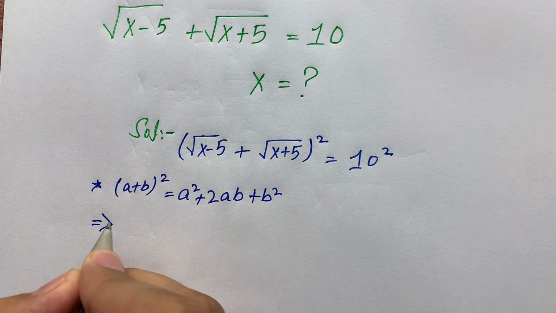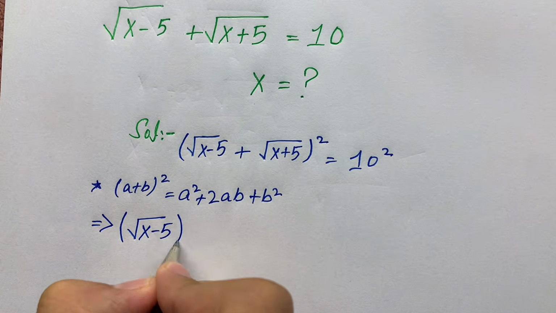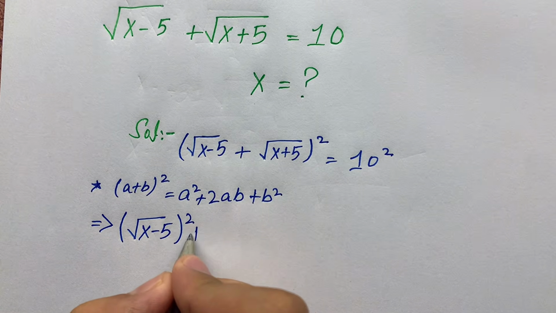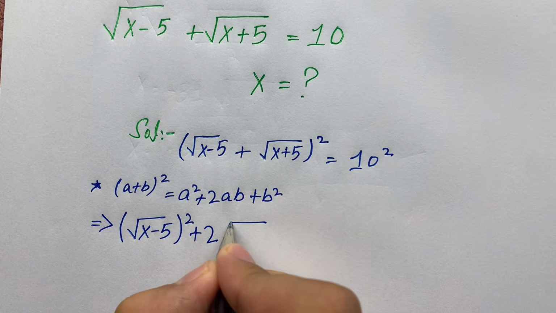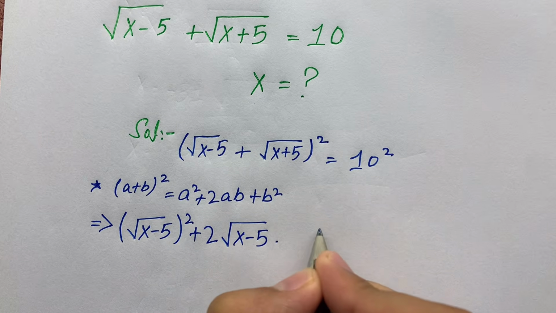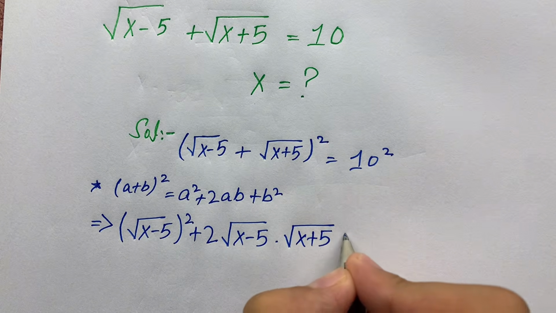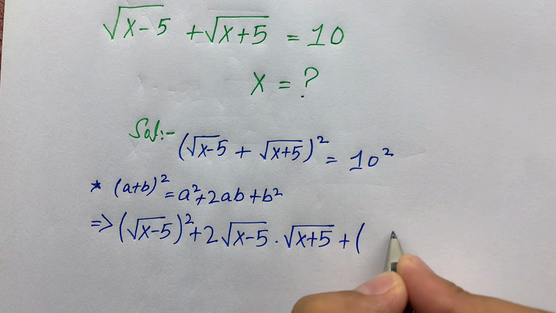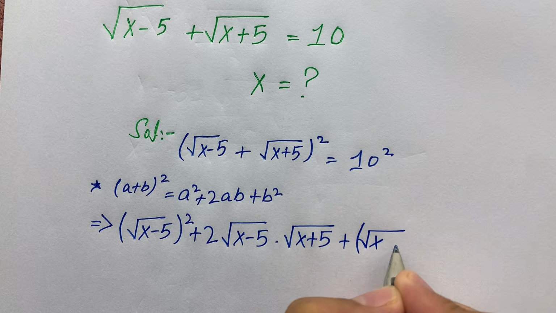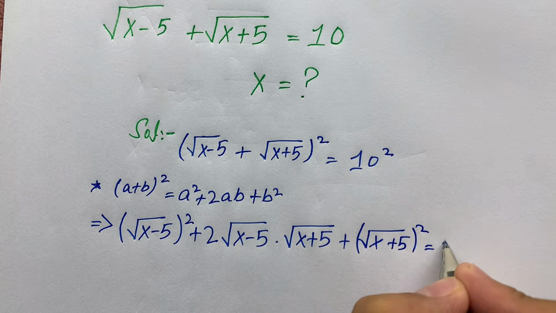Now, (√(x−5))² + 2·√(x−5)·√(x+5) + (√(x+5))² = 100.